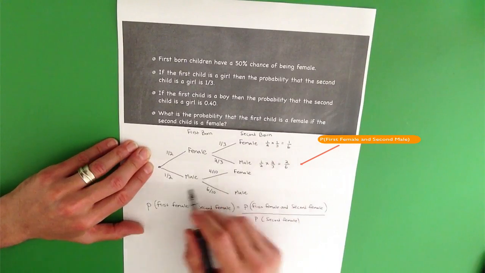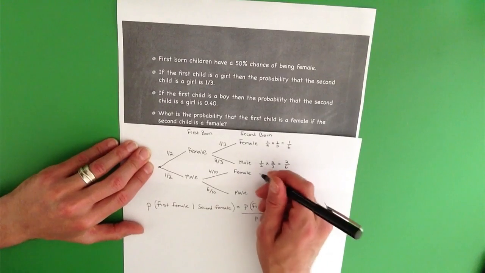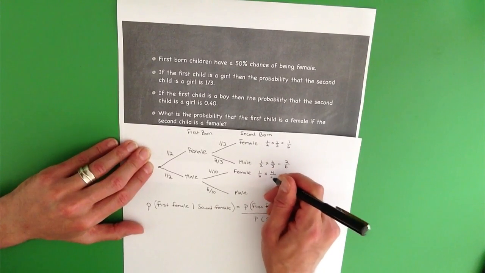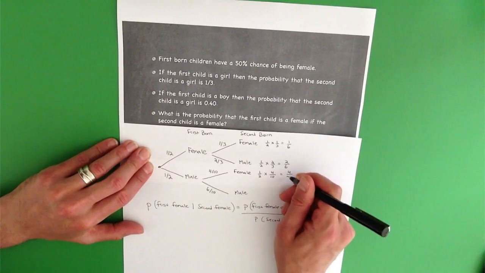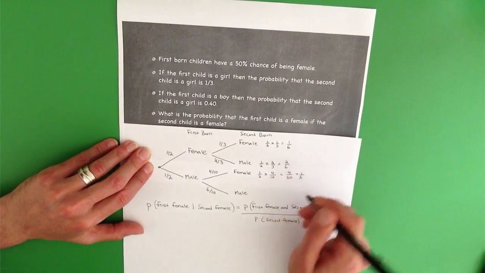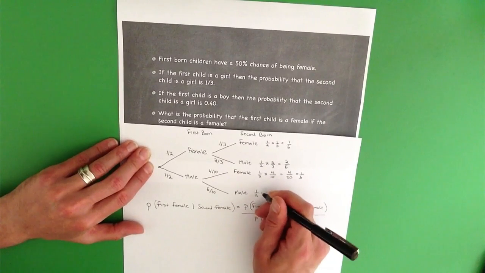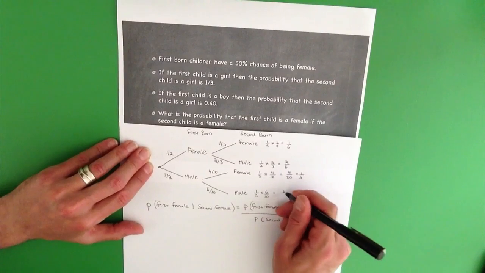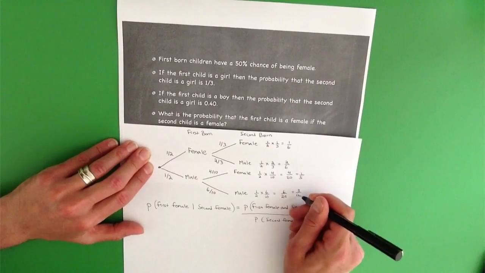Might as well go down here. The probability that the first child is male and the second is female is 1/2 times 4 out of 10, which is 4 out of 20, or 1/5. And then this branch is 1/2 times 6 out of 10, which is 6 out of 20, or 3 out of 10.